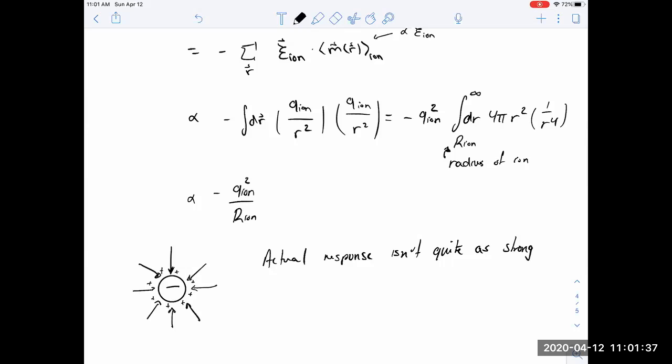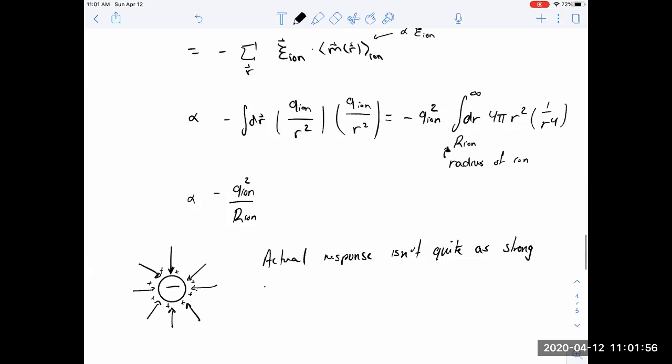There's some factor that has to account for the fact that two dipoles don't like to align parallel to each other. So there's going to be some compromise made with bringing up some amount of positive charge to that anion, but not a full Q ion amount.